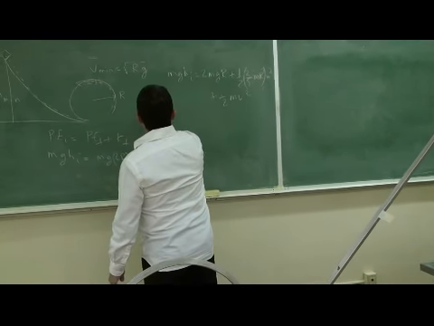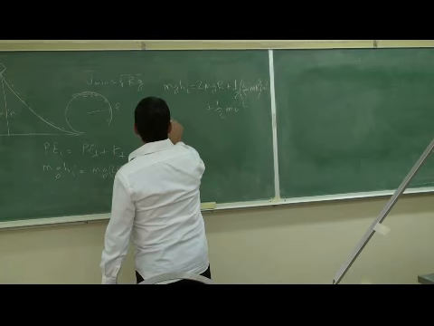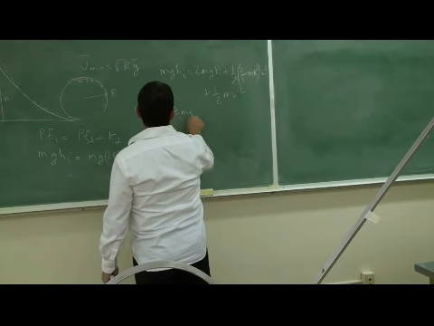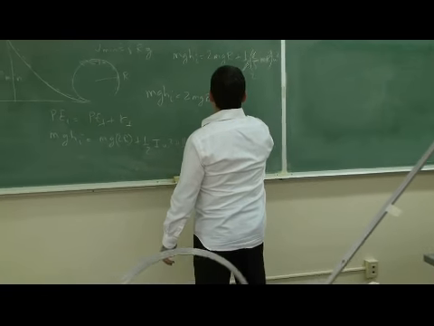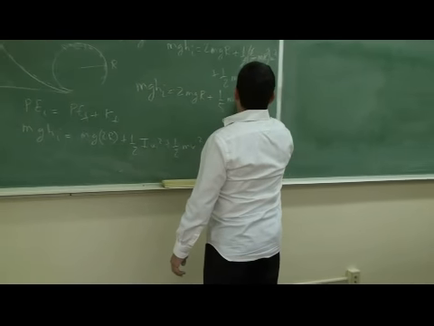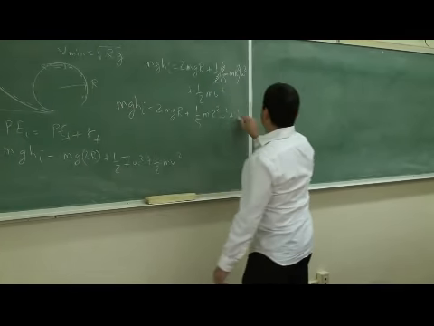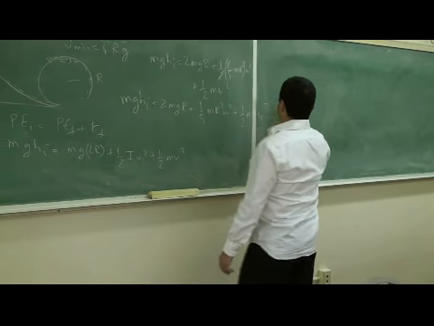And so we have mgh initial equals 2mgr plus the 2 and the 2 cancel, we have 1/5 mr squared omega squared plus 1/2 mv squared.